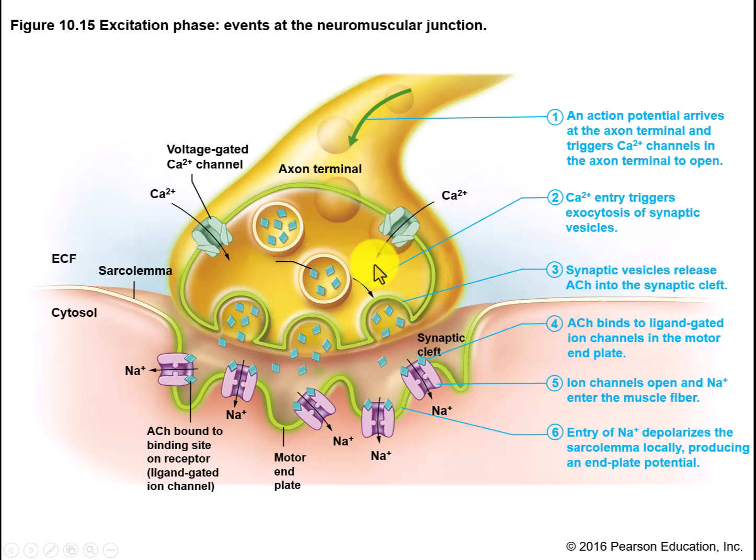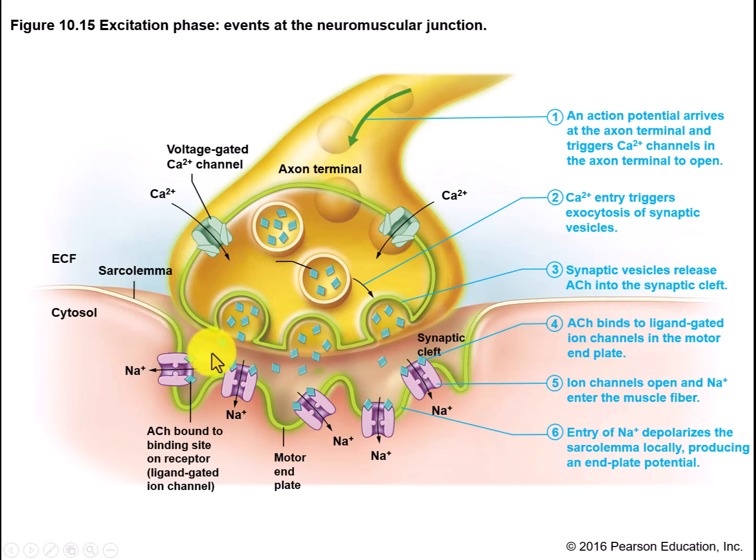Calcium flows in via passive diffusion. When that calcium flows in, it triggers these synaptic vesicles, which contain acetylcholine, to fuse with the axon terminal membrane, release the acetylcholine via exocytosis.